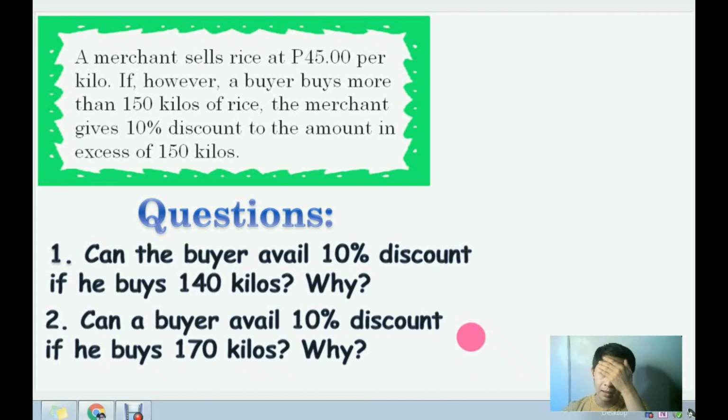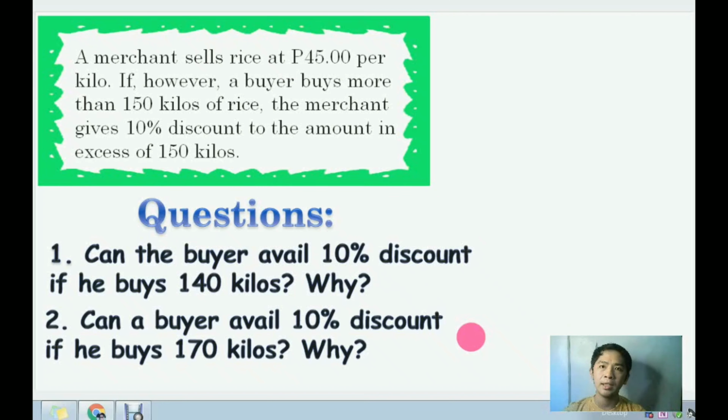If, however, a buyer buys more than 150 kilos of rice, the merchant gives 10% discount to the amount in excess of 150 kilos. Ibig sabihin, kapag may bumili na buyer na sobra doon sa 150 kilos ng bigas, bibigyan niya ng 10% discount doon sa sobra ng 150.